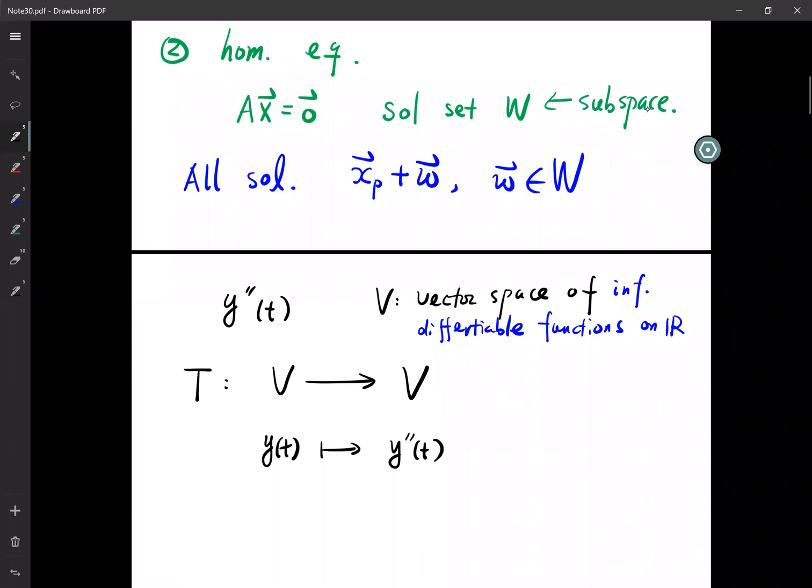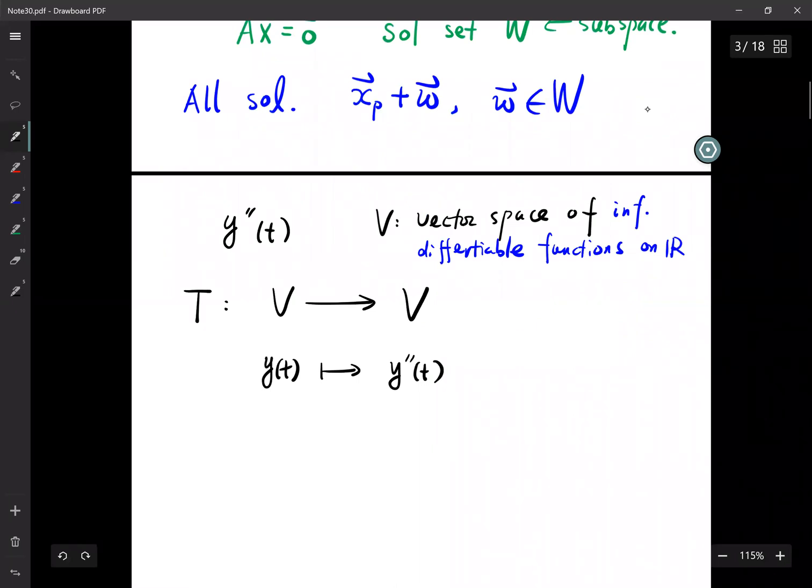Right? y is infinitely differentiable, meaning that any arbitrary order of the derivative exists. Then I take 2 derivatives. It's still an infinitely differentiable function.